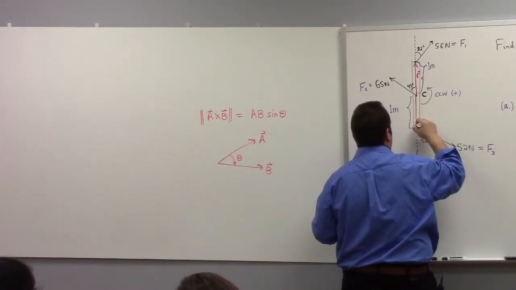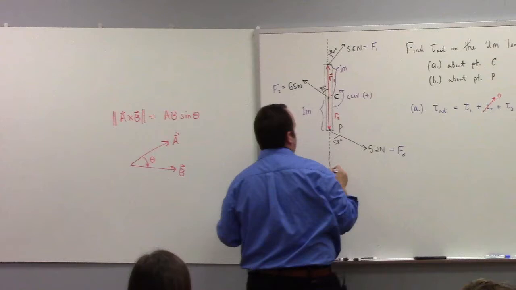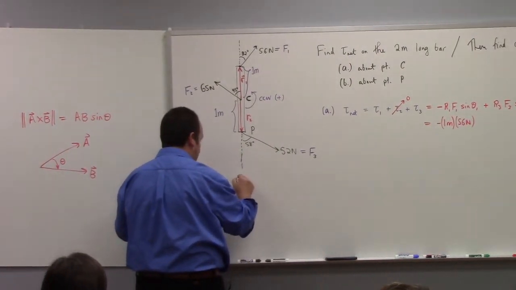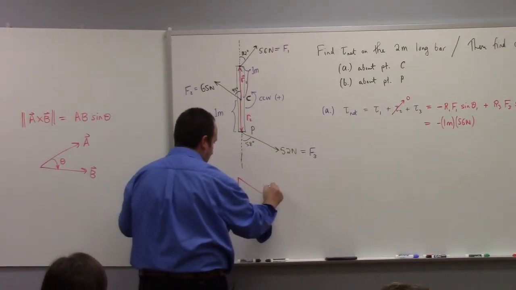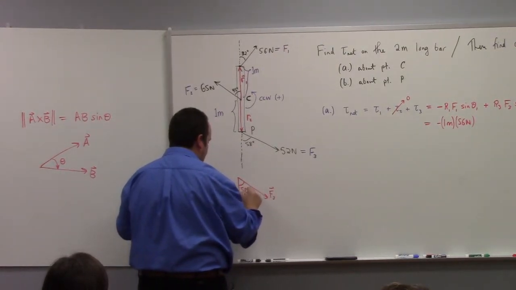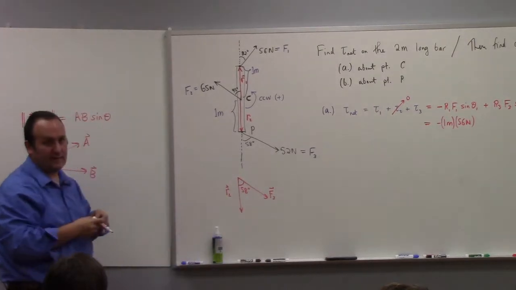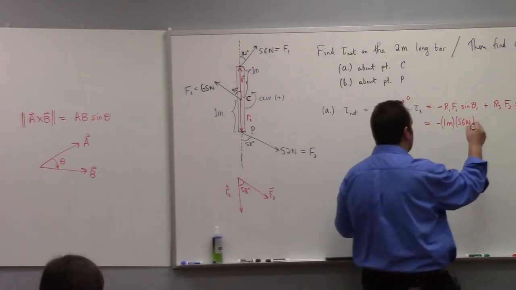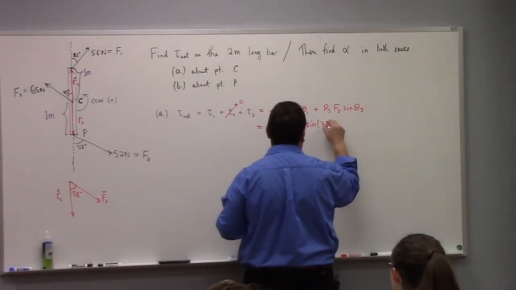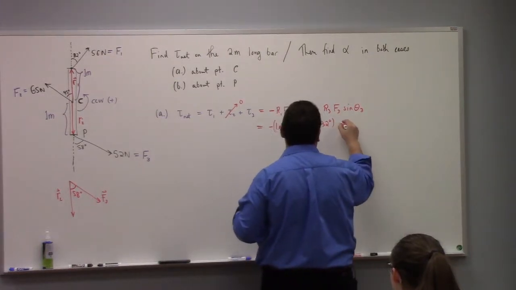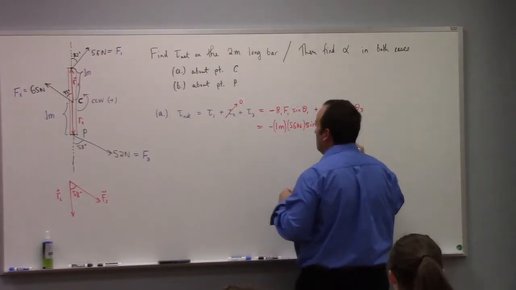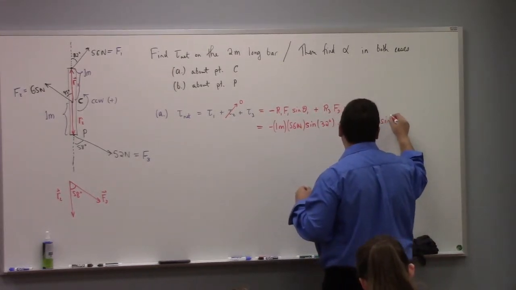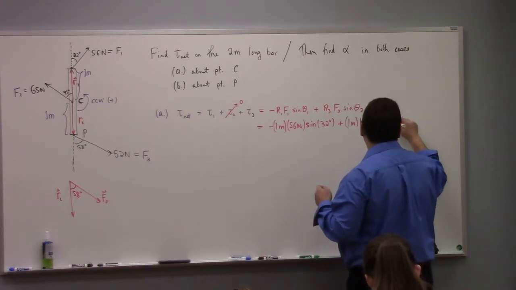And this is R2. If you imagine extending that down like this and looking at F3 like that, then yes, that's 58 degrees. So that is, in fact, the angle we want for that sine. So anyway, sine of 32. And then plus 1 meter, F3 is 52 newtons times the sine of 58 degrees.